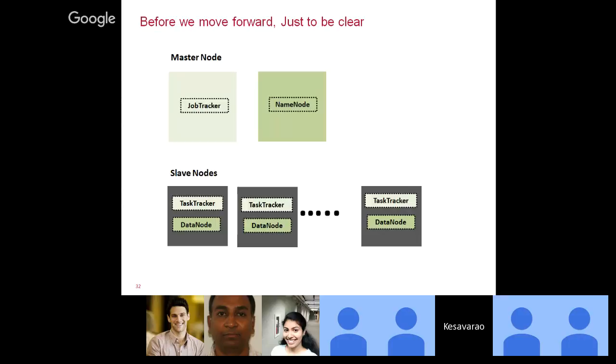As soon as the first one completes, the other one automatically gets killed and dissolved. Whichever completes first, the task tracker communicates back to the name node, which is maintaining the job tracker, and tells it, okay, my task is done. So that's how the communication happens between master node and slave nodes. Yeah, I got it. Okay.